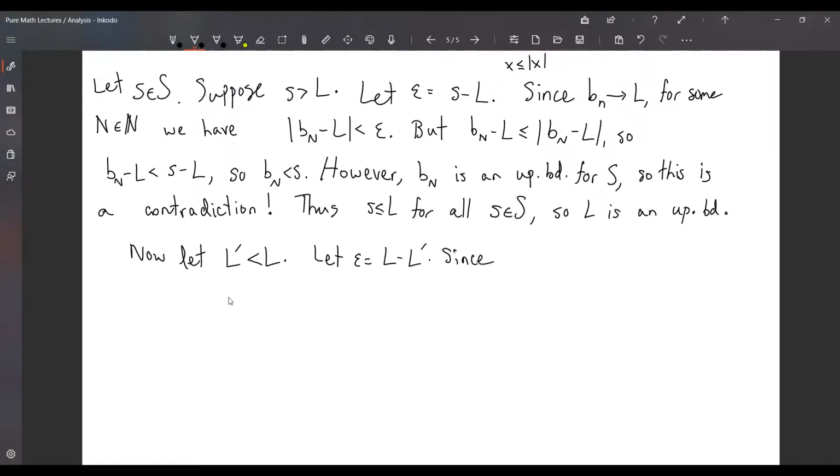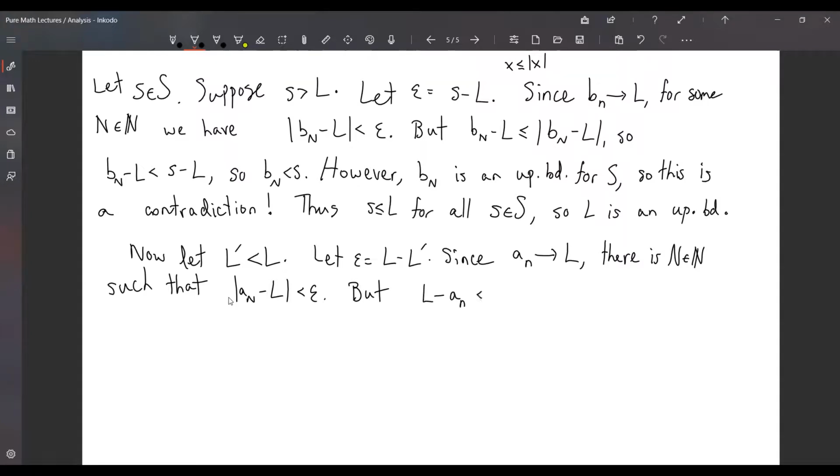Since A sub n converges to L, there is big N in N such that the distance between A sub big N and L is less than epsilon. But L minus A sub big N is less than or equal to the absolute value of A sub big N minus L. And again, this is true in general.